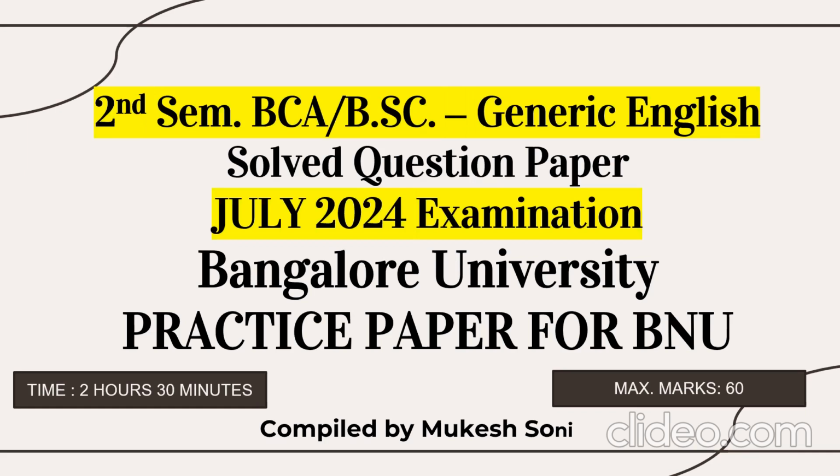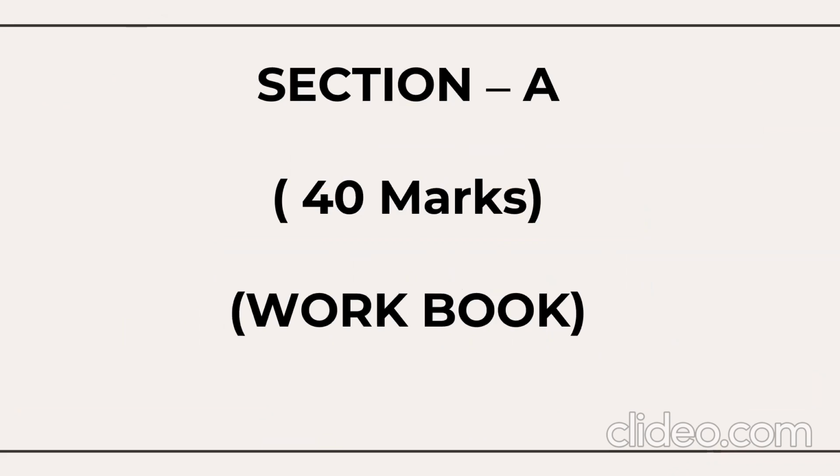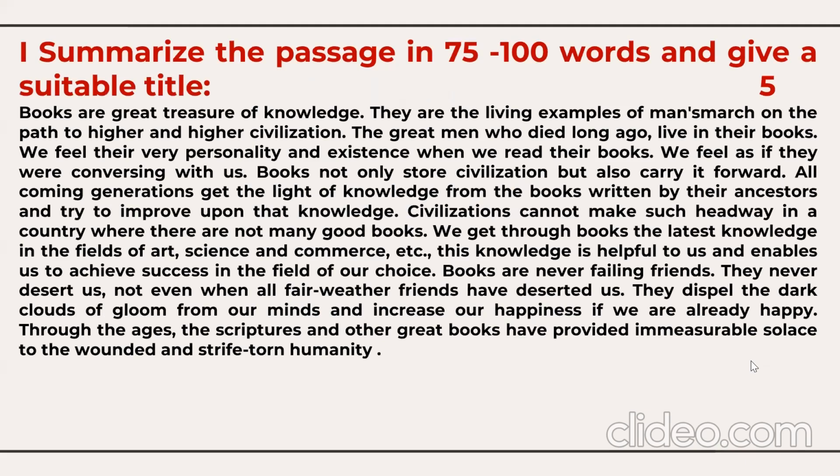Let's begin it. Section A consists of 40 marks from the workbook, and the very first question is that you need to summarize the given passage in 75 to 100 words, and you need to give a suitable title. You can pause the video and answer this question. You can pause the video and read the content on the screen.